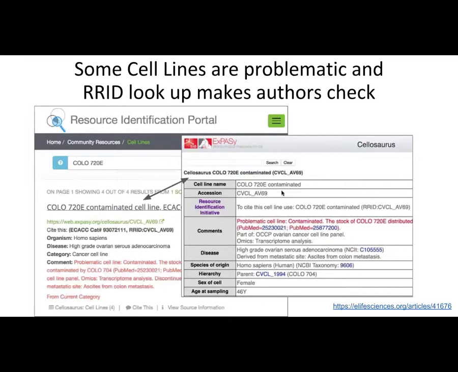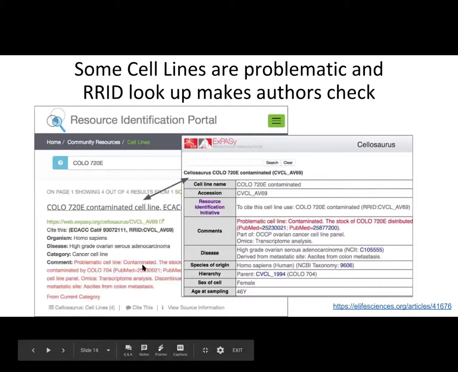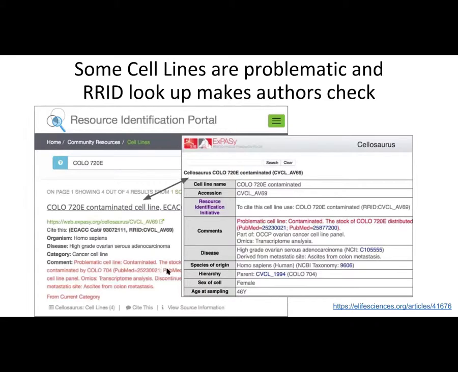If they try to find that particular RRID on the Cellosaurus website, which reflects the RRID, and by the way, this is the source for RRIDs for cell lines, the same exact warning is here. And there are certainly PubMed IDs in both places showing where this was found to be contaminated and how it was found to be contaminated.